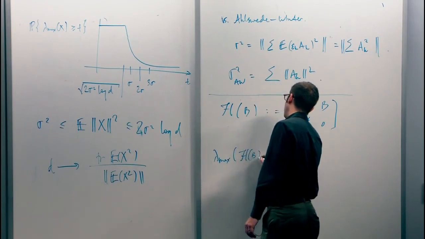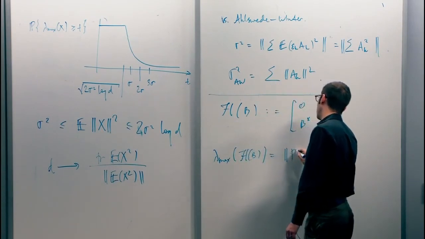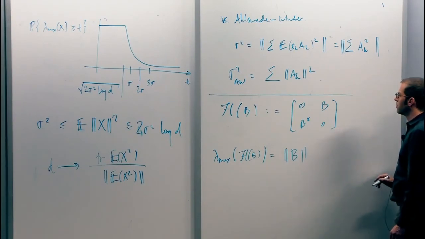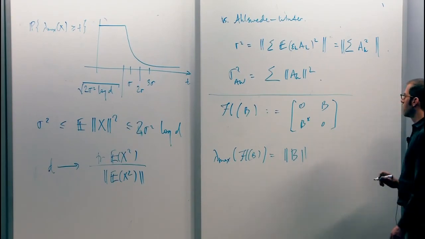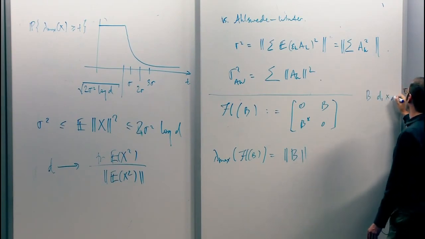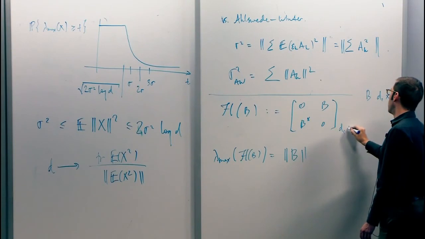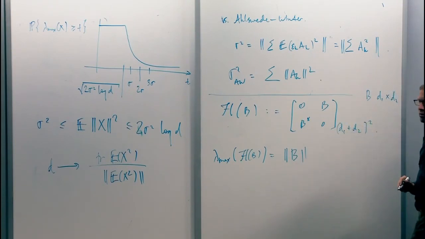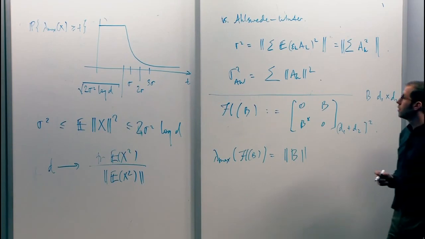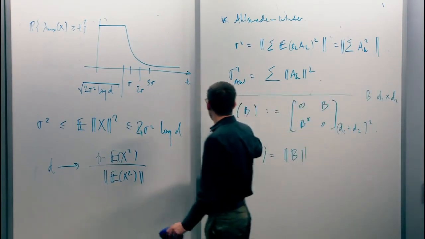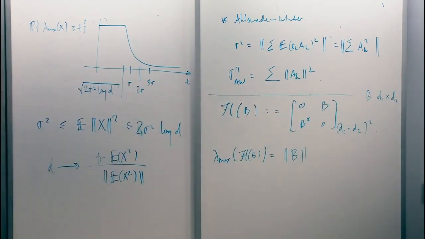The maximum eigenvalue of this is equal to the spectral norm of B. You have to check this. And if B is d1 by d2, then this is (d1 plus d2) squared. Now, if you want to study Rademacher series with rectangular matrices, you just stick this map in.